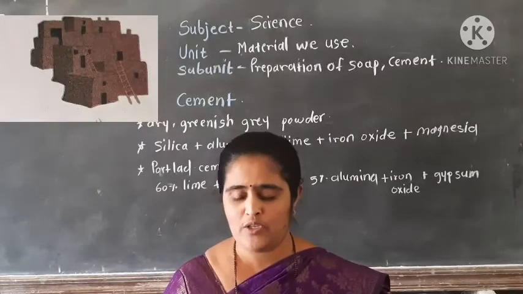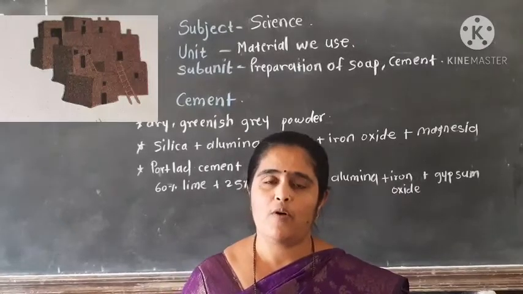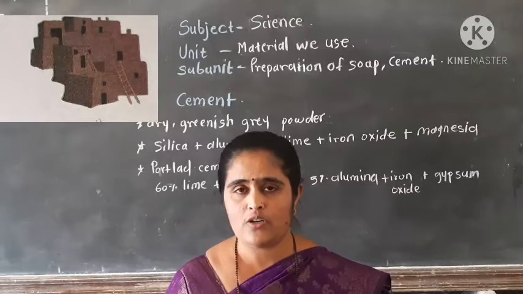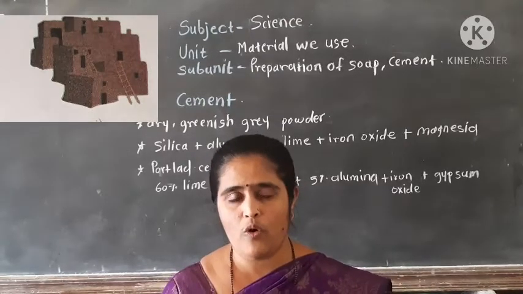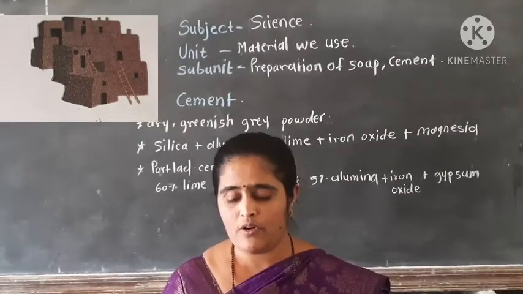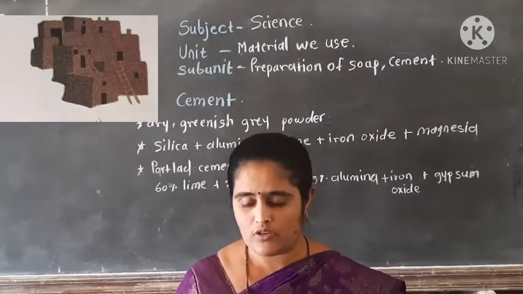Coming to the first picture. In the first picture, the construction is made with soil. This construction is not strong because the soil particles do not hold together strongly. Therefore soil houses are not a strong structure.